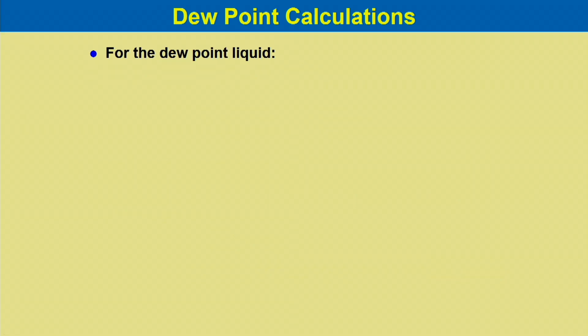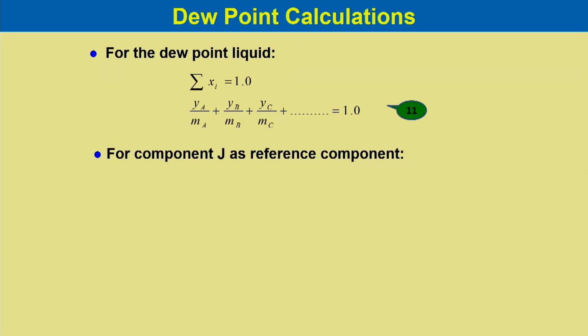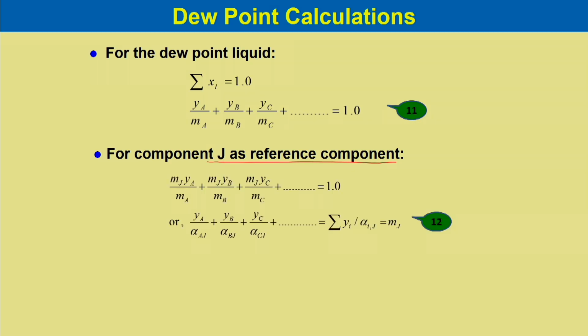For the dew point liquid, summation over xi would be equal to 1 and yA by mA plus yB by mB plus yC by mC and so on would be equal to 1. Now, for component j as reference component, we can multiply with mj both the sides.